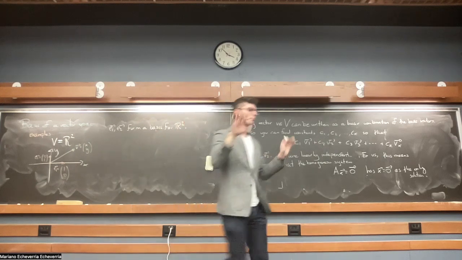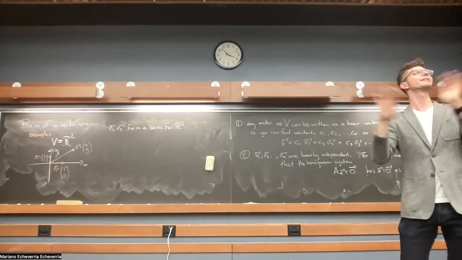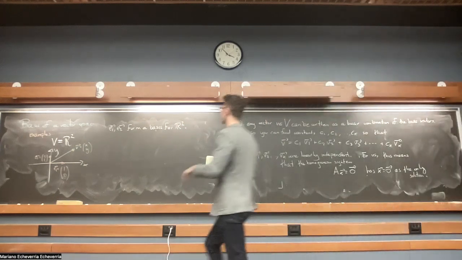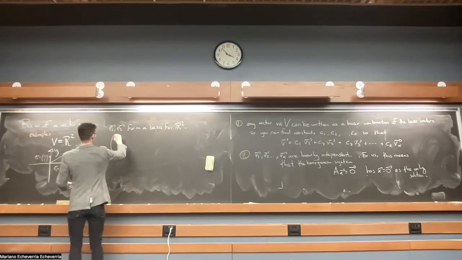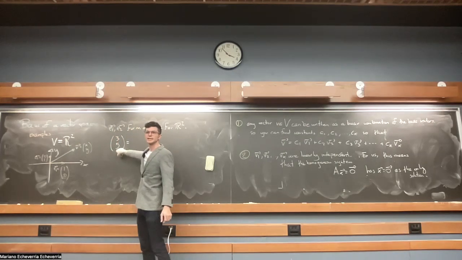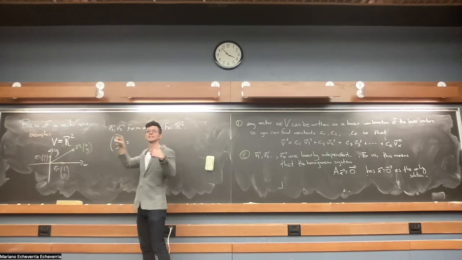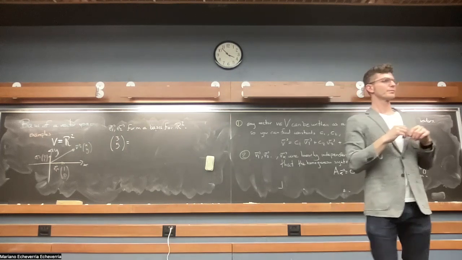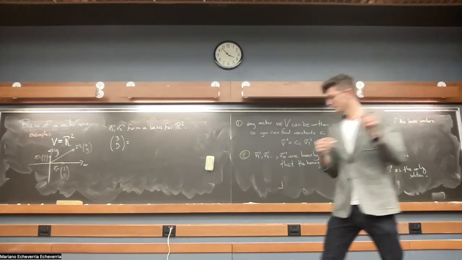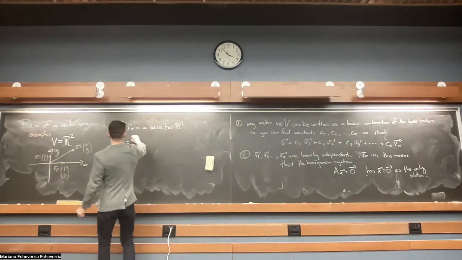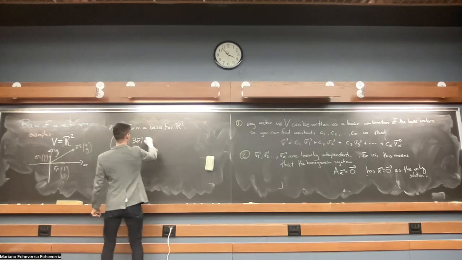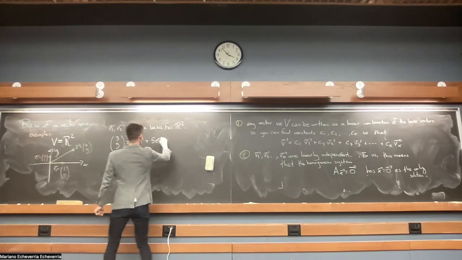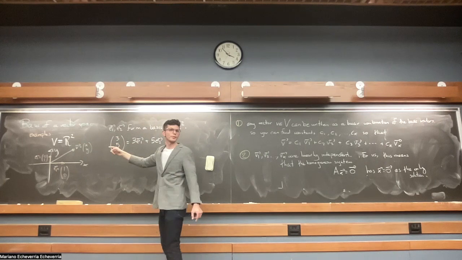So just to give you a proof of how this works, let me give you an example. Imagine that I gave you the vector 3, 5. How can I express this as a linear combination, as a sum of E1 and E2? How will you write it? 3 times E1 plus 5 times E2. So this is the linear combination property I'm talking about.